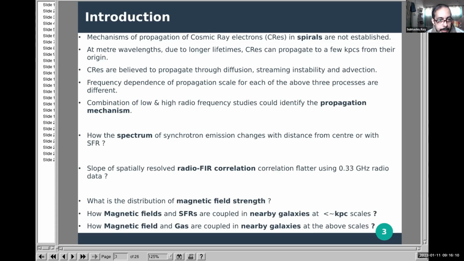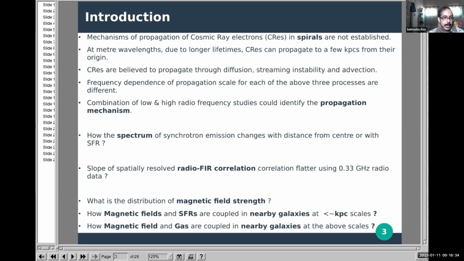Okay. The next thing, other than cosmic ray electron propagation, is how the spectra of synchrotron electrons change with distance from the center of a galaxy or with star formation rate. This tells us how the star forming regions are responsible for producing cosmic ray electrons.